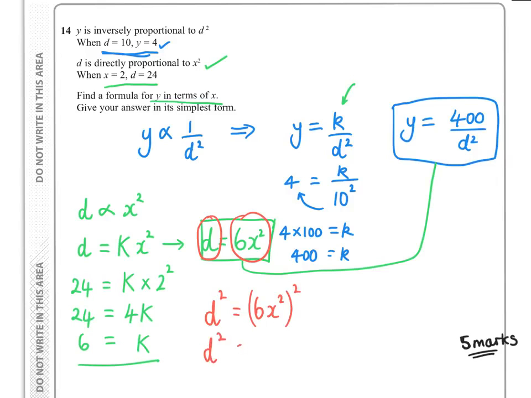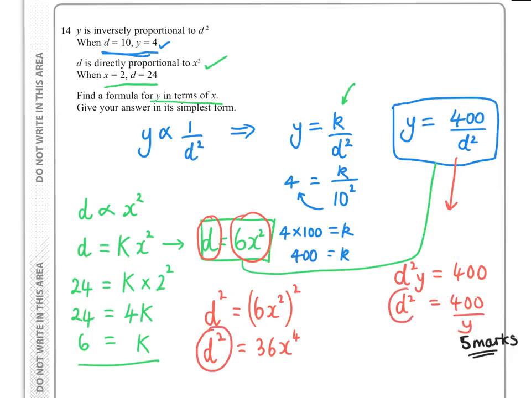And be careful here, we'd have d squared is 6x squared times 6x squared, which would be 36x to the power 4. And from here, if we rearrange for d squared, we'd times both sides by d squared, and then we'd divide both sides by y. And now we've got something linking d squared to both.